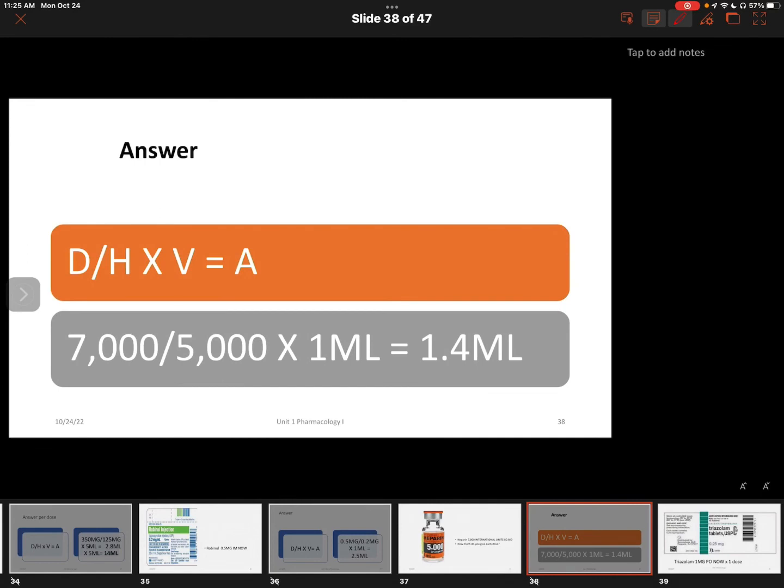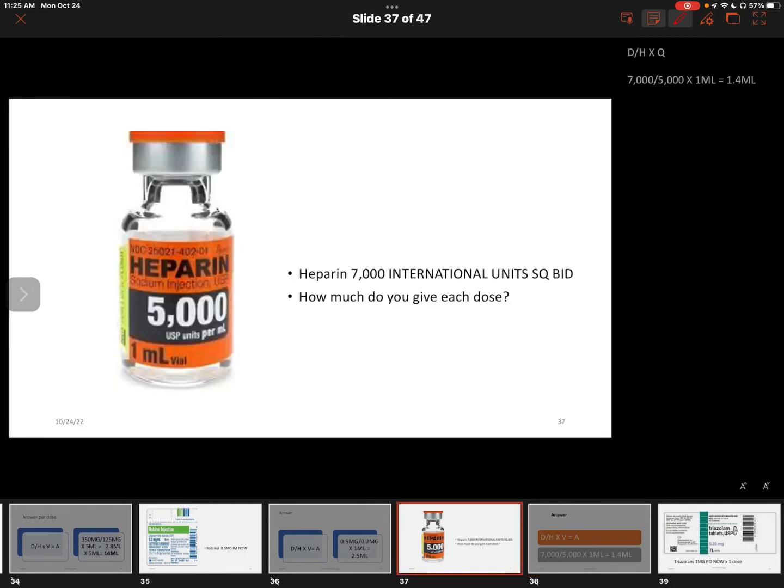Our answer would be 1.4 milliliters. So in this bottle, it's 1 milliliter. We'd have to get a second bottle and take 0.4 milliliters out of that second bottle. That would give us that 7,000 international units.